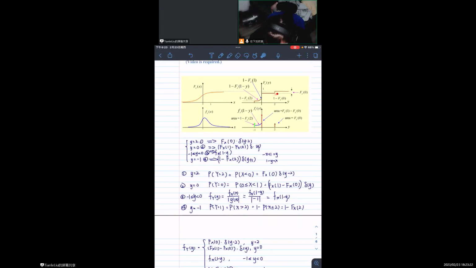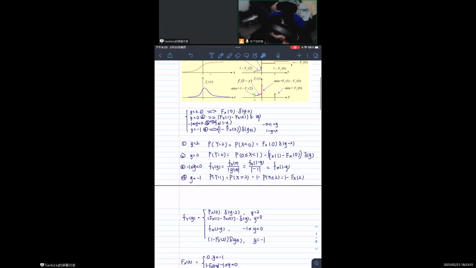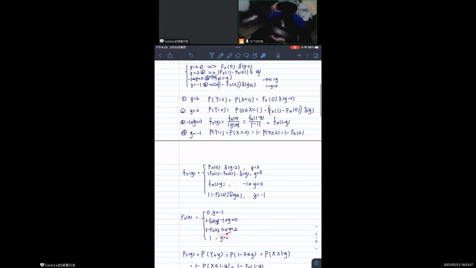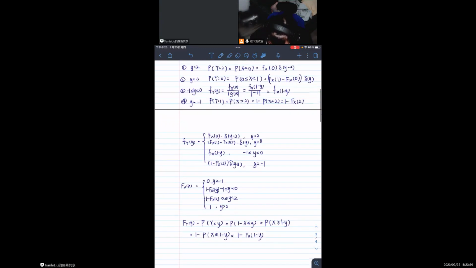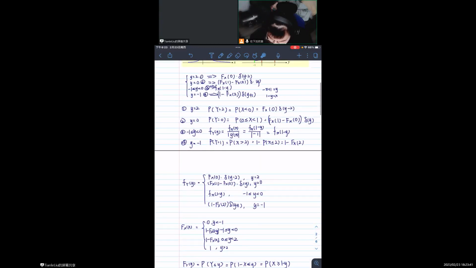And for this one, we can see that there's only one impulse function for the Fx density function at 0, so it's an instant jump at y equals 2. In this case, we can get this one. Thus, it's all solved for the probability function and the density function. And that's it for this problem. Thank you.